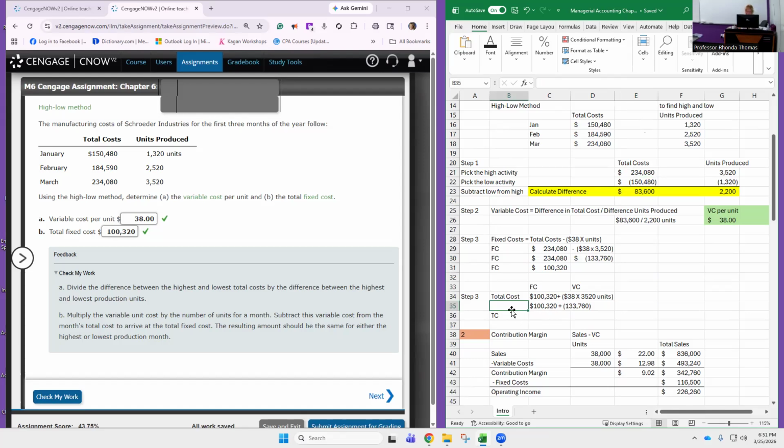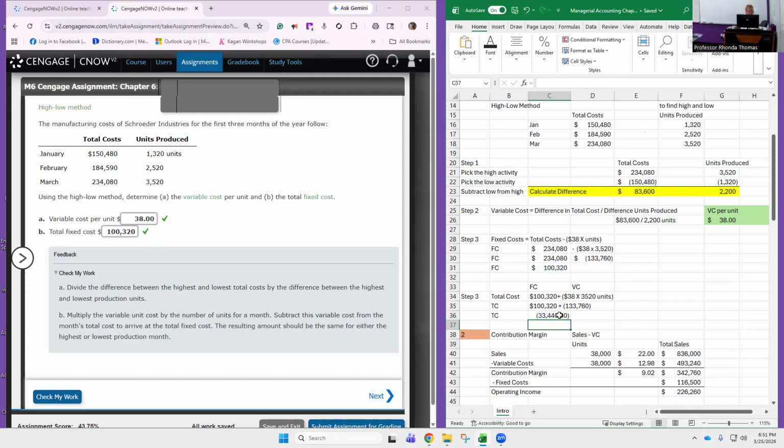So you just keep bringing the total cost. Okay, so equals the fixed cost up here, fixed cost plus the 133,760.